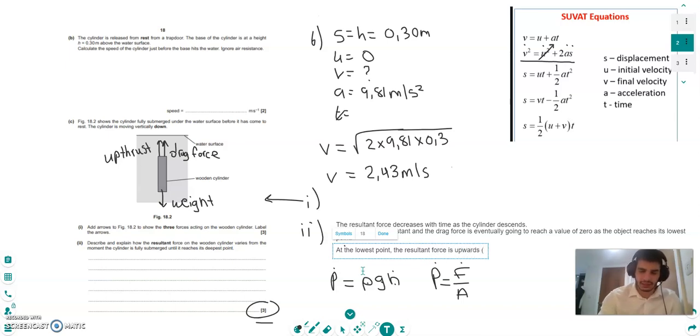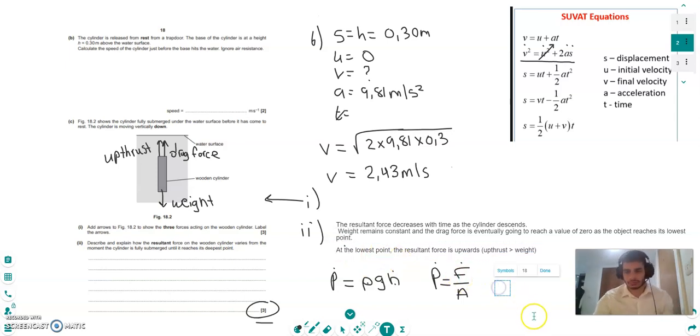And what we can write in brackets is that the upthrust is bigger than the weight. Okay, great.